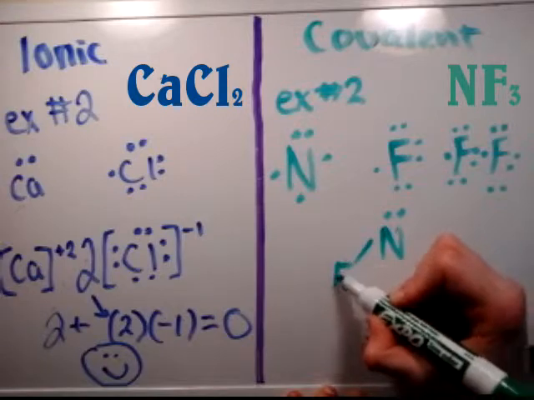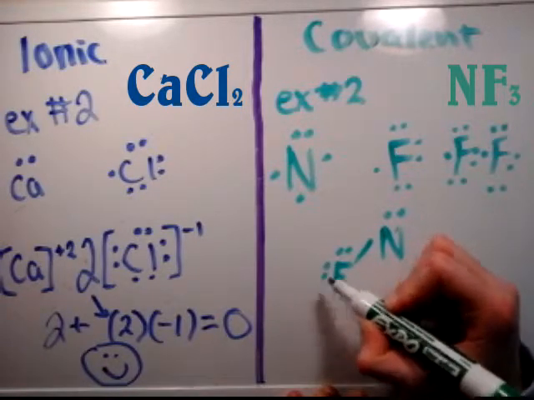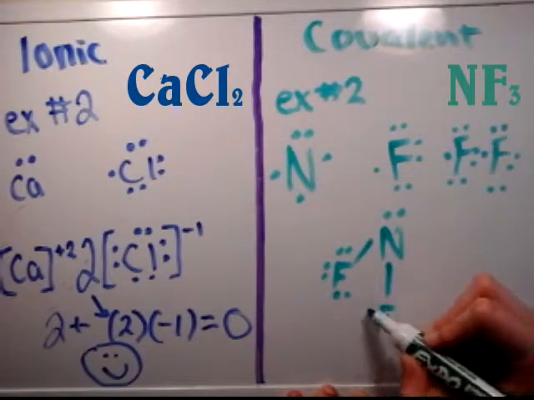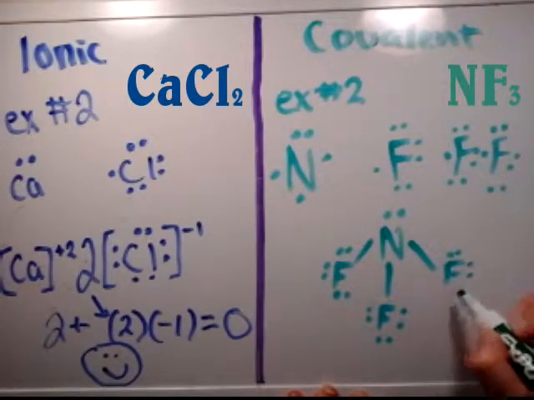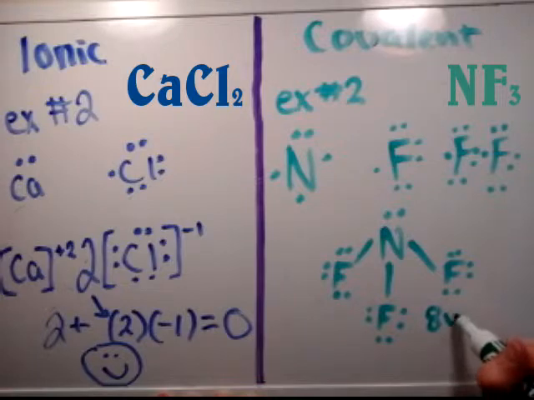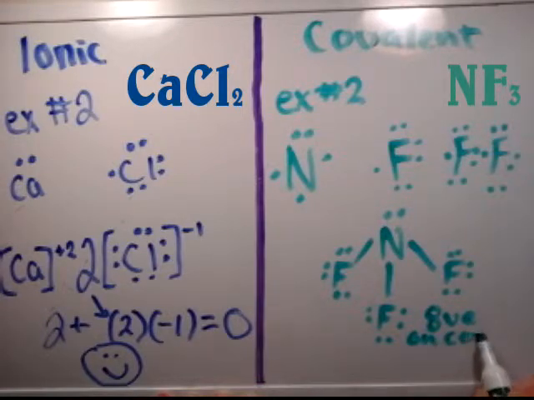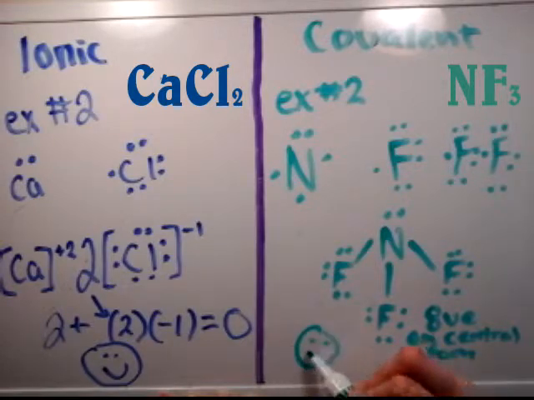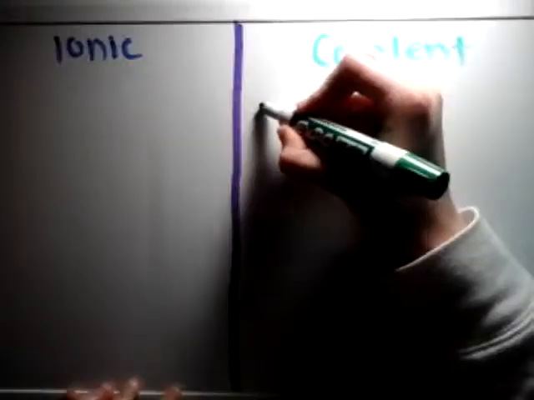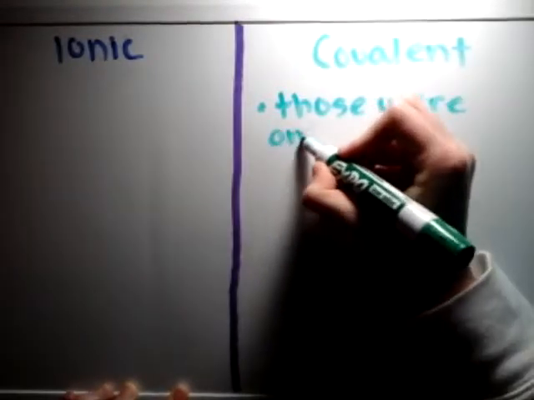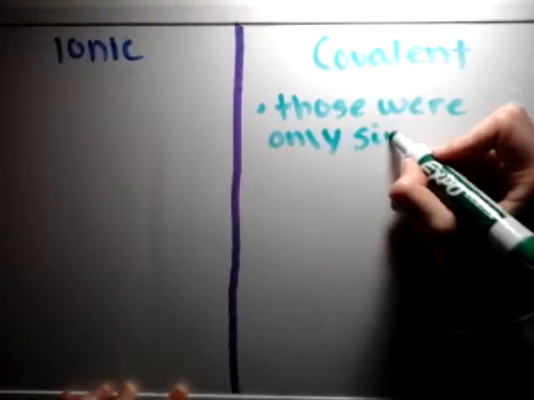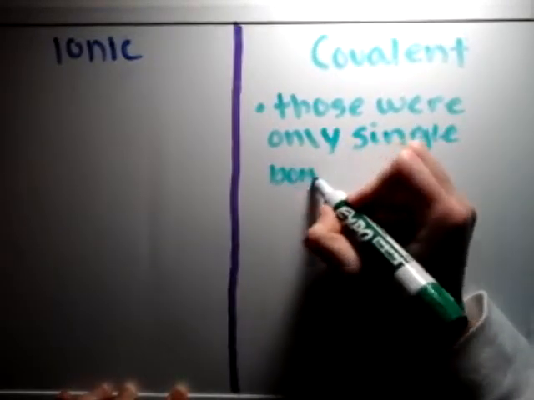The single electrons are shared between the nitrogen and the fluorine, creating 3 pairs. The covalent bonds were only single bonds.